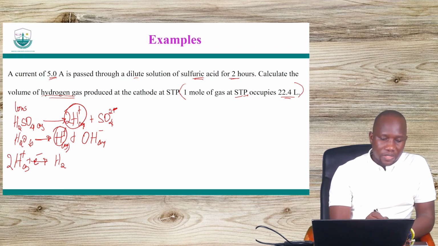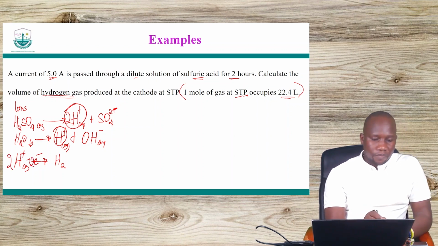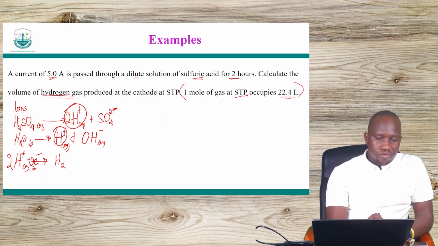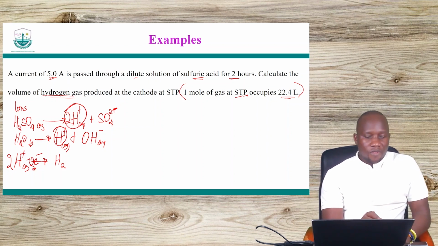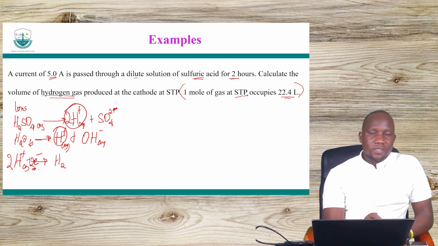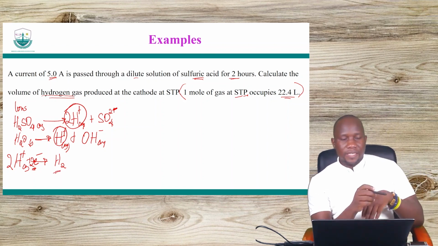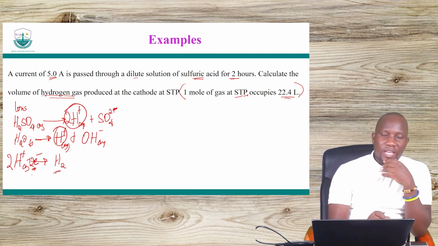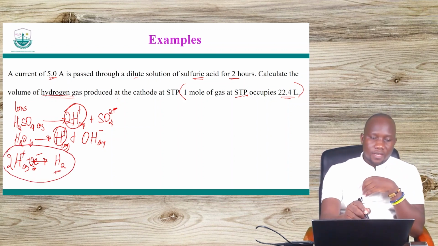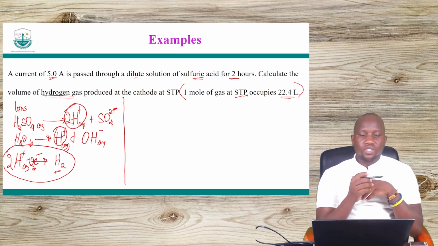So to balance this, you need to have 2 there. So you have 2 moles of electrons giving us 1 mole of hydrogen gas. So that information there is king. It's very good information.